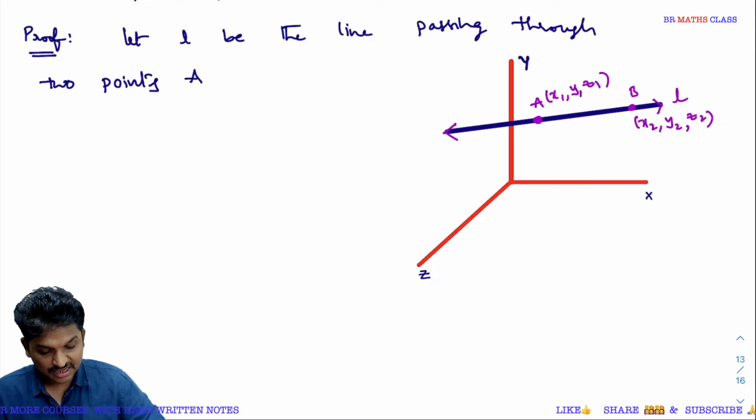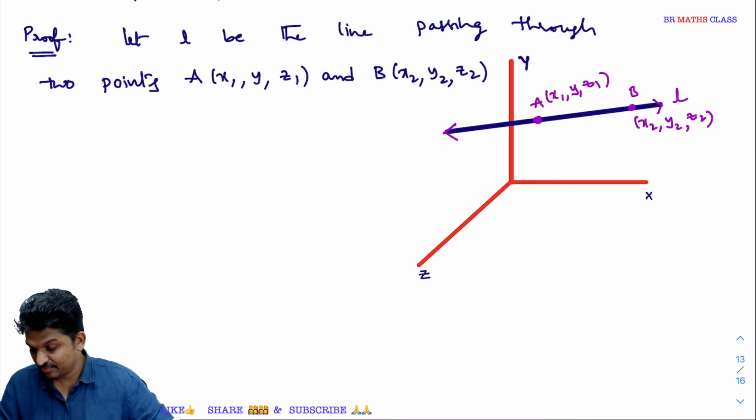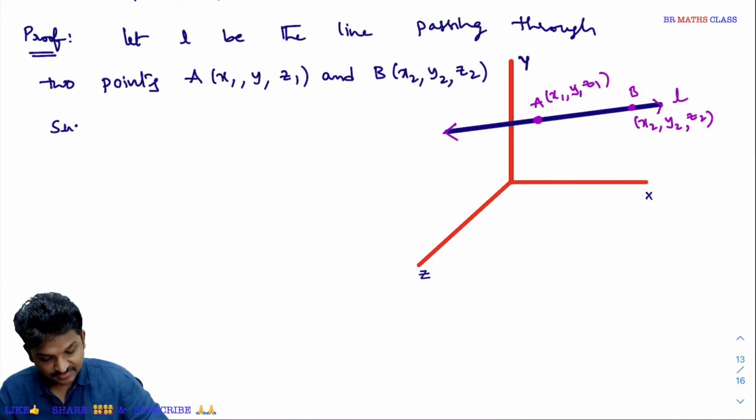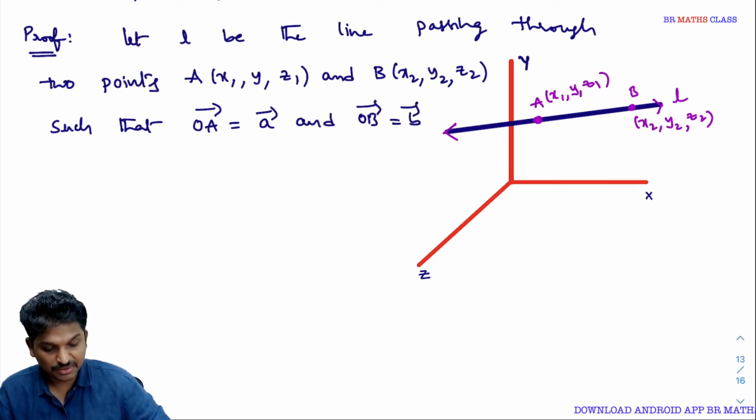We'll name them: A is x1 comma y1 comma z1 and B is x2 comma y2 comma z2, such that OA bar, that means position vector of point A, is A bar and OB bar equal to B bar.